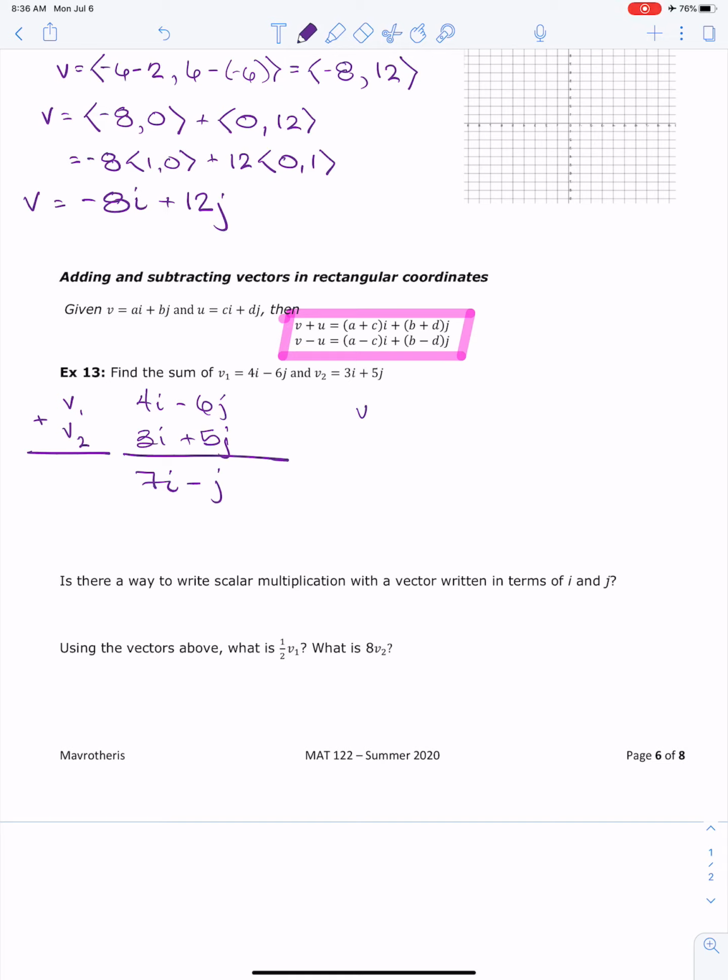If I were to write this horizontally, v sub 1 plus v sub 2, I get 4i minus 6j plus 3i plus 5j. Again, we are going to combine like terms.